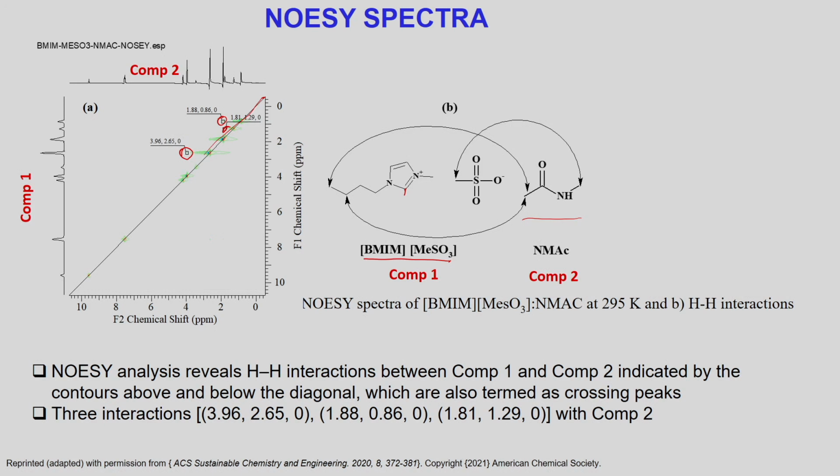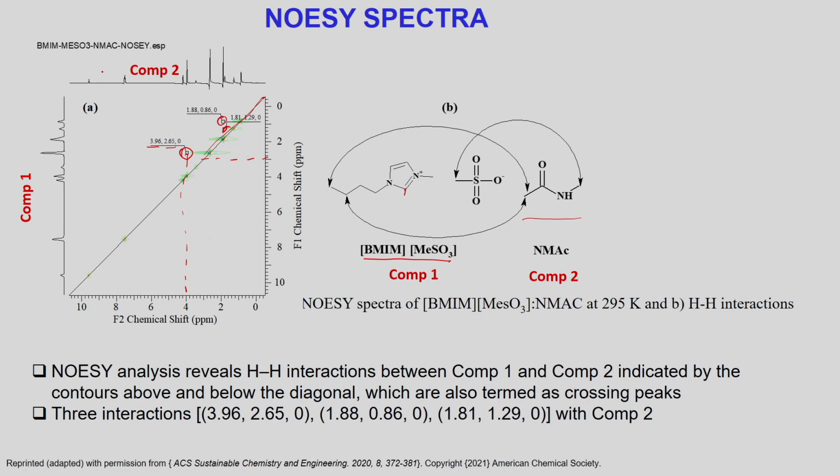Now, you see these are given in terms of numbers, 3.96, 2.65. So, the first one is related to 3.96 and 2.65: F1 2.65 and here you have 3.96. Likewise, the cross peaks are given here. Now, these are the different spectra located for component 1 and component 2.